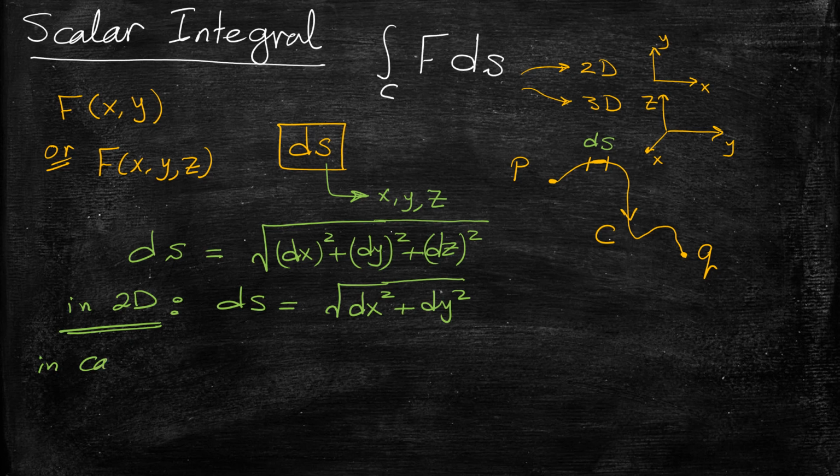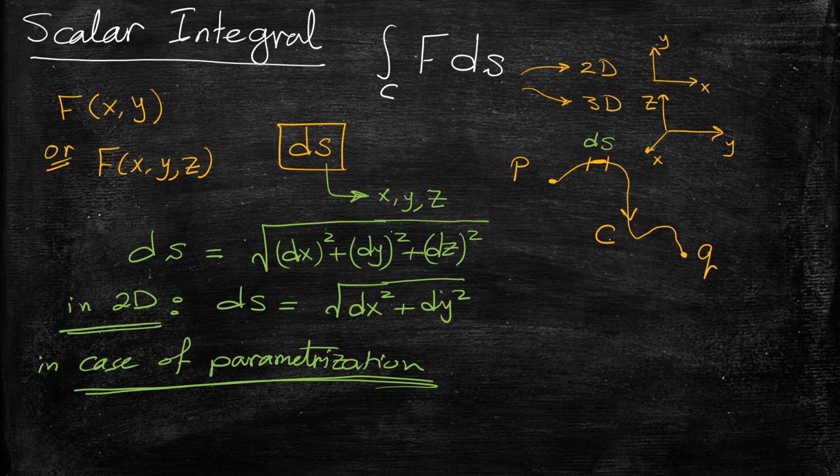In case of parameterization, it means I have x as a function of t, and also y as a function of t, and maybe z as a function of t as well.